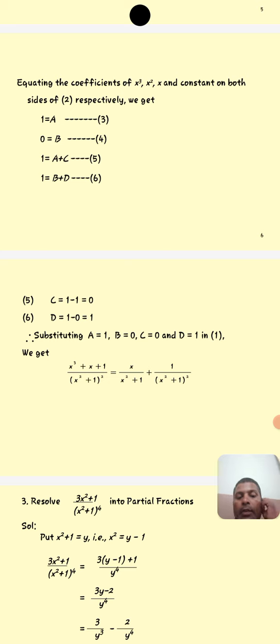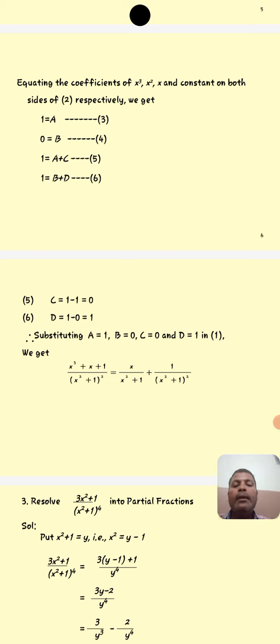Okay, so here observe: if an irreducible quadratic factor is repeated, then the partial fraction format is (ax plus b) divided by x square plus 1, and (cx plus d) divided by (x square plus 1) whole square. Suppose the irreducible quadratic factor is repeated 3 times, then how to write it in partial fraction format?